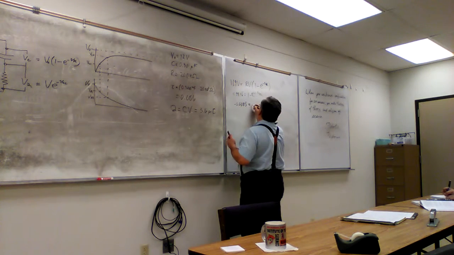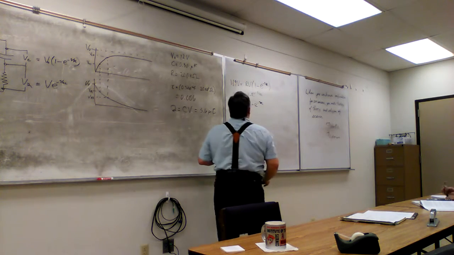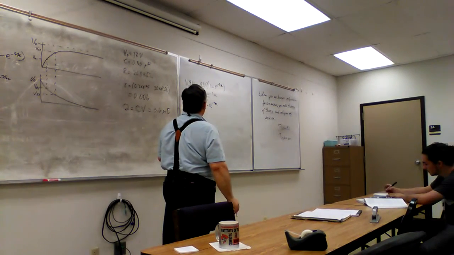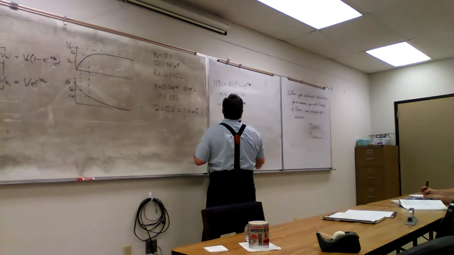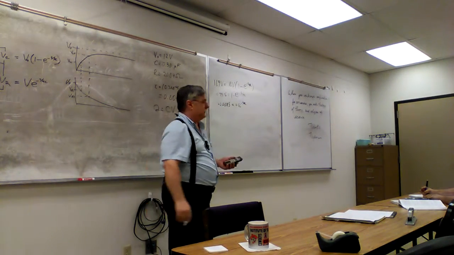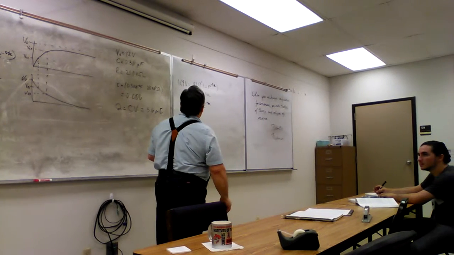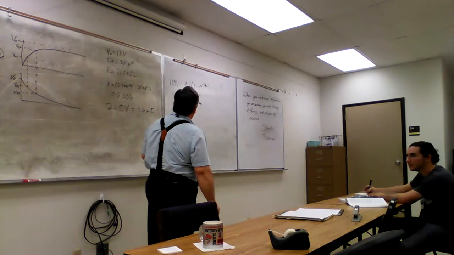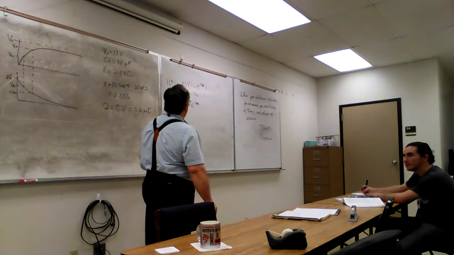And that equals minus e to the minus t over RC. Okay, well, we can get rid of the negatives since they're both negative. When is that equal to e to the minus t over RC?